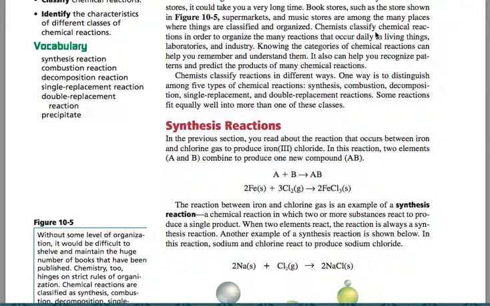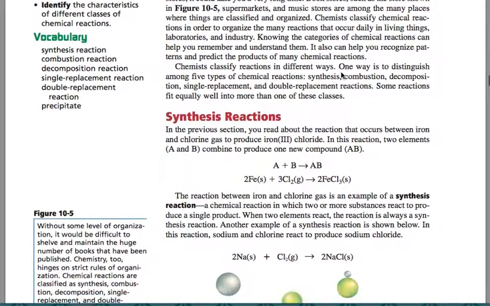Chemists classify chemical reactions in order to organize the many reactions that occur daily in living things, laboratories, and industry. Knowing the categories of chemical reactions can help you remember and understand them. It also can help you recognize patterns and predict the products of many chemical reactions.